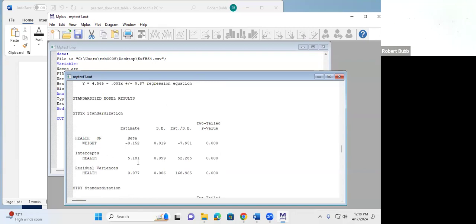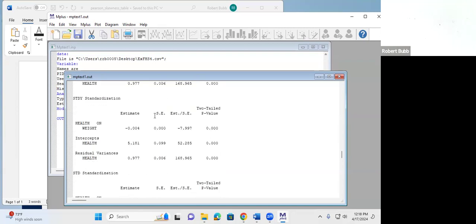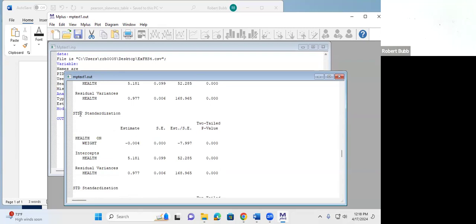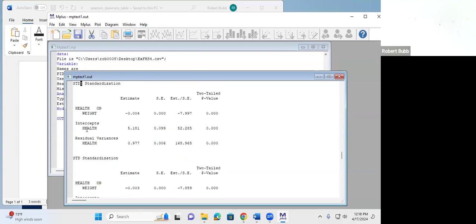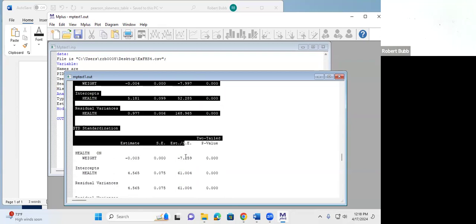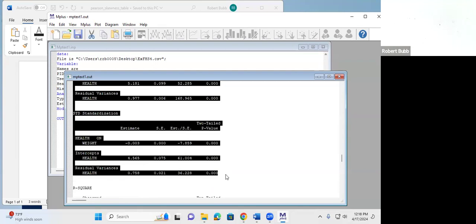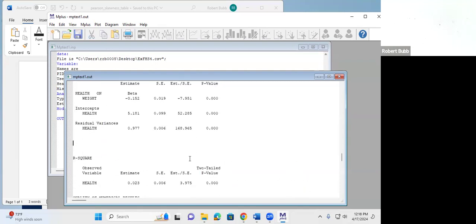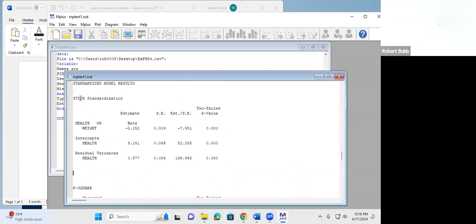Here? Or like intercept? No, yeah, so then you have your standardized on the outcome, and then standardized with latent variables. You don't need to know those. You don't care about those, so you could delete those if you wanted to. The one that you want is the standardized on X and Y. So again, on your predictors, on your outcome, on both of them, that's the one you want.